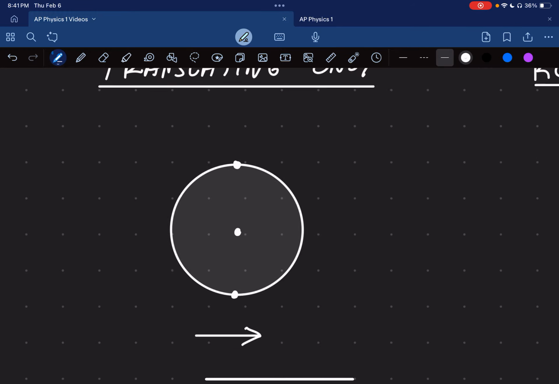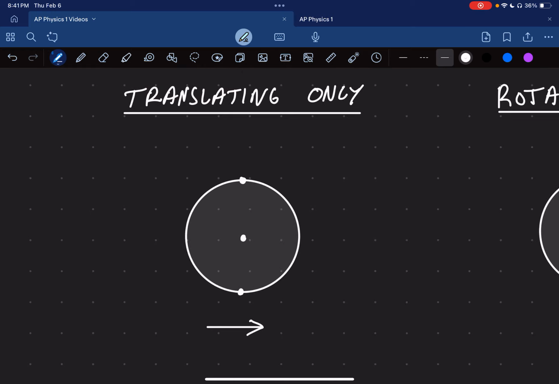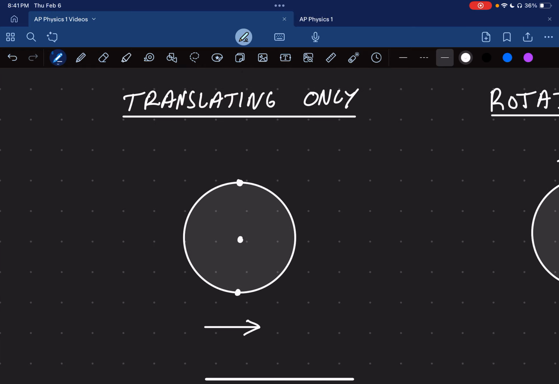If we look at a round object that's only translating, could be a wheel, and let's say we're moving it with velocity v. And we look at 3 points on this wheel. We can look at the axle here, where you would have an axis of rotation, the top of the wheel and the bottom of the wheel.